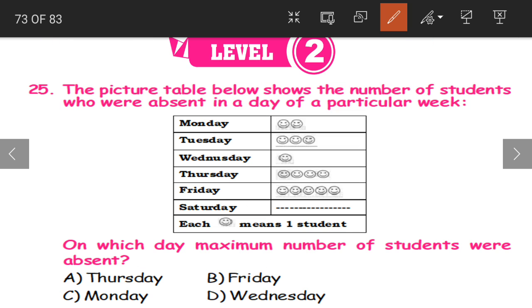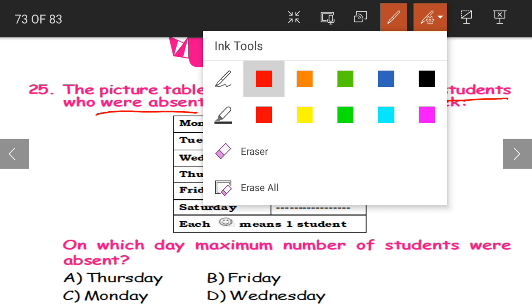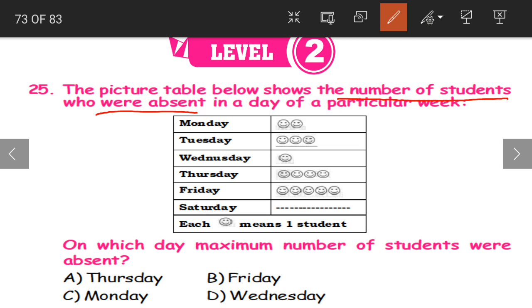Question 25. The picture table below shows the number of students who were absent on each day of a particular week. On which day was the maximum number of students absent? Maximum means we have to find the highest. Just by looking at this table, children, where can you find the highest number of smileys?